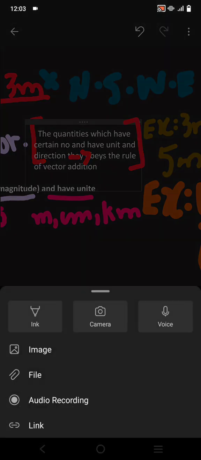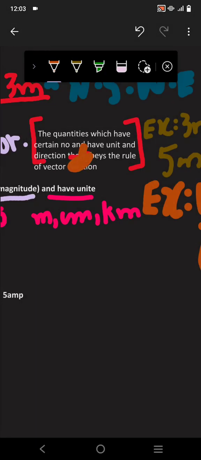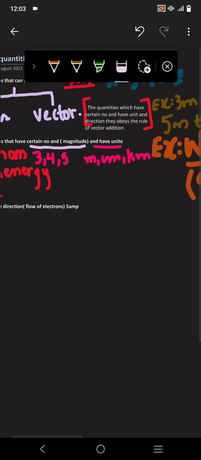Okay, I hope that makes sense. So vector quantities are quantities that obey the rule of vector addition.